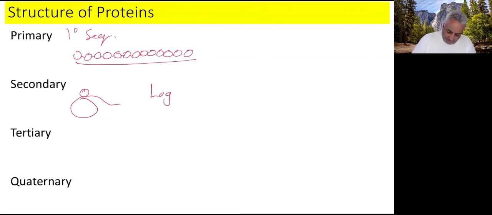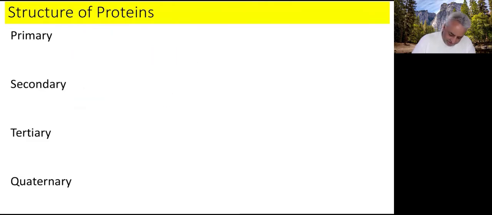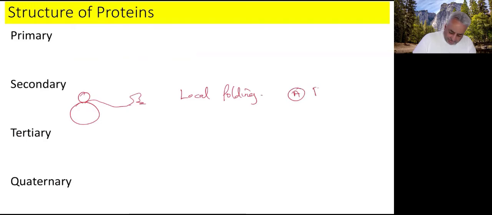So as this string is produced, it will take up some local structure. So those local foldings are called secondary structure. And the most common types are alpha helices and a type of beta sheet.